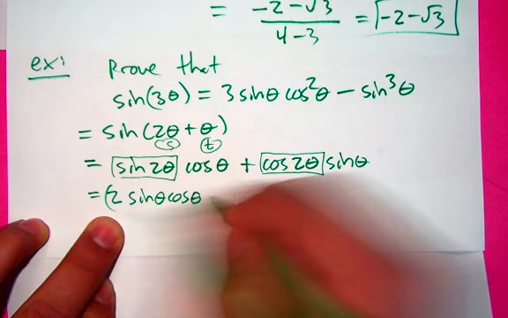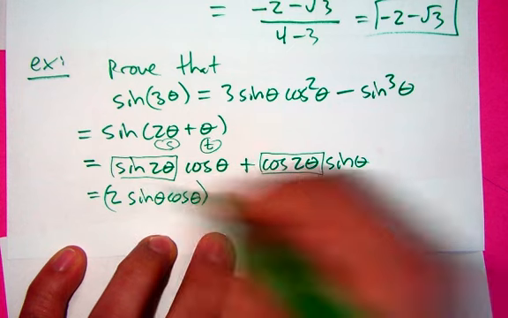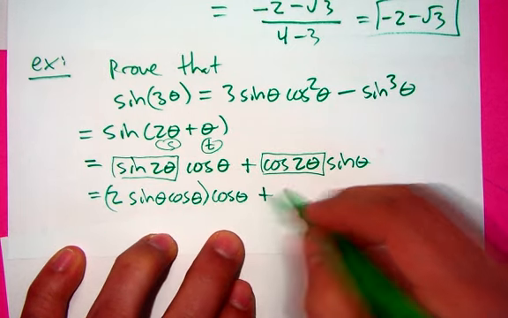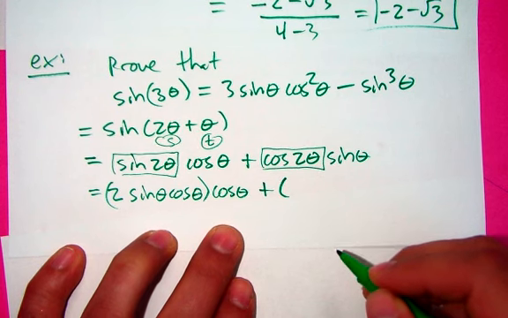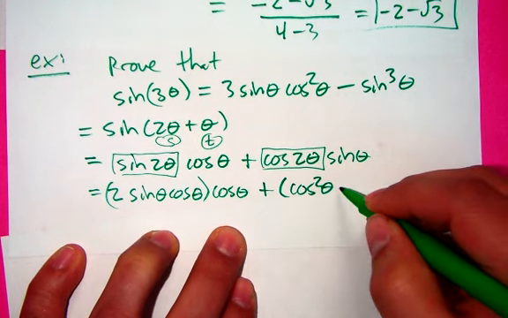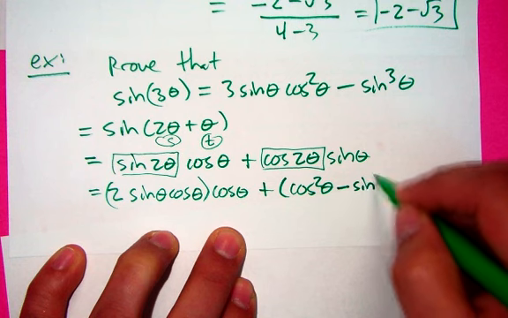So that is our new first part, times cosine theta. Plus, and now what's cosine 2 theta? Cosine squared minus sine squared.